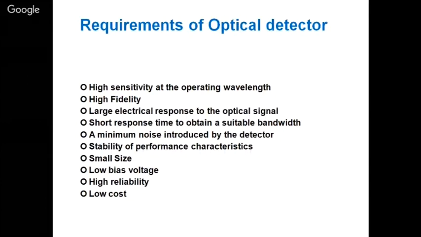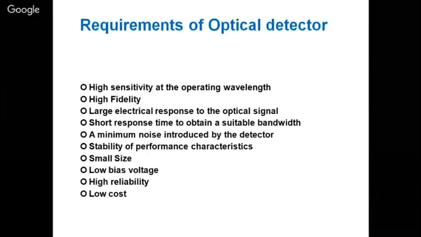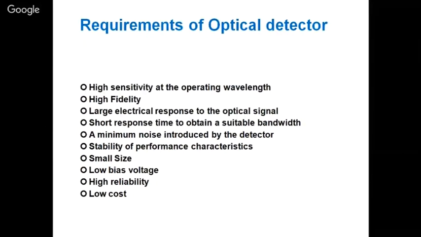Now, again, the requirements of an optical detector are it should be highly sensitive to the operating wavelength. To that particular wavelength, it should be very, very sensitive. Then it should have high fidelity. That means on and off, it should be able to discern. Supposing I cannot discern on and off of more than 14 per second.